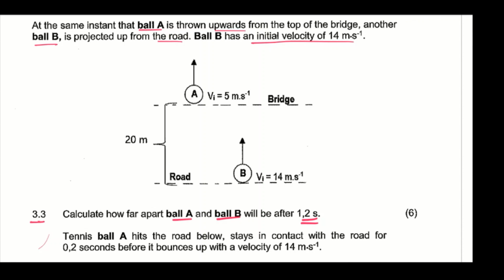So what's going to happen is this. This ball A is going to move like this, and we don't know which point it's going to reach, but what we know is it's going to reach maximum height here, and then it will go down. If you remember clearly, the time it took for it to reach maximum height from this point on the bridge was 0.51 seconds. This is from the previous question, right?